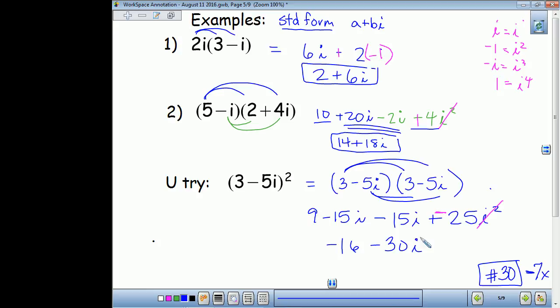Okay, if you have 34 instead of -16, check your 25 and see if you change the sign with the i squared.